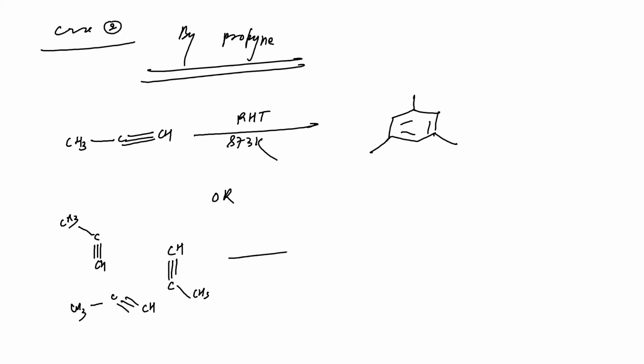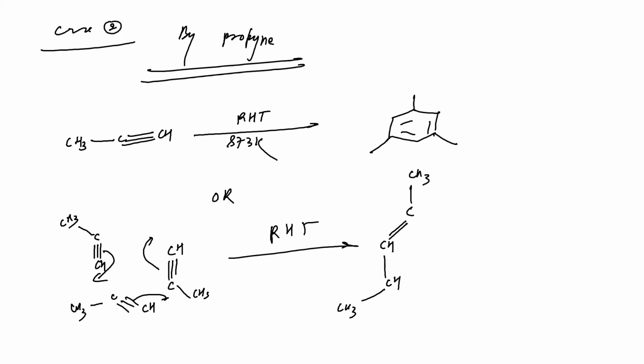Total hydrogen we have placed out, RHT. So one bond is shifting here, another bond shifting here, another bond shifting. So C will be CH3. Here is the double bond. This is CH. Here is again CH, but here is the CH3. Double bond. Here is CH, here is CH3.